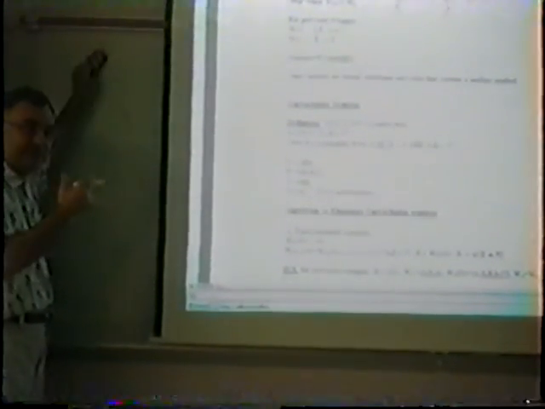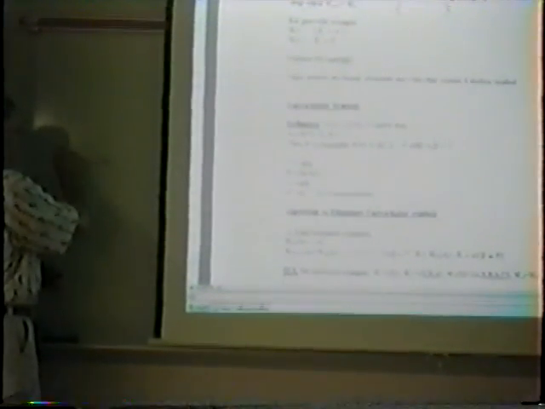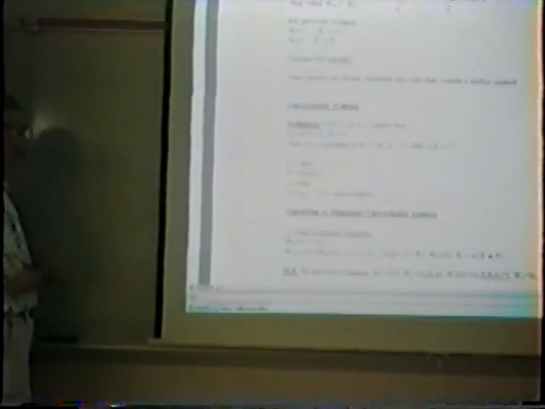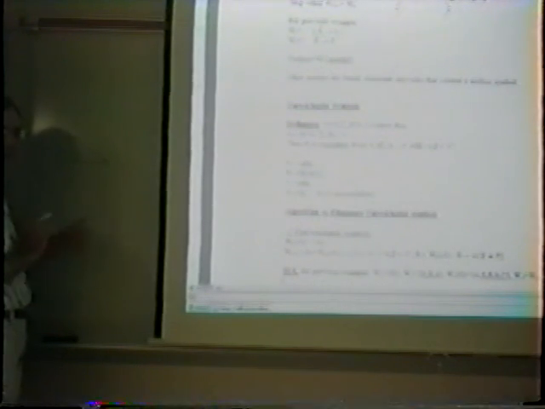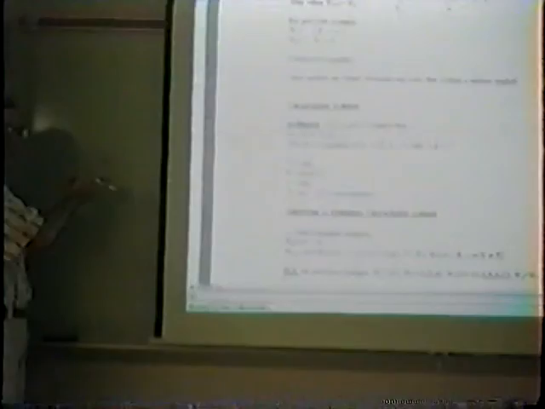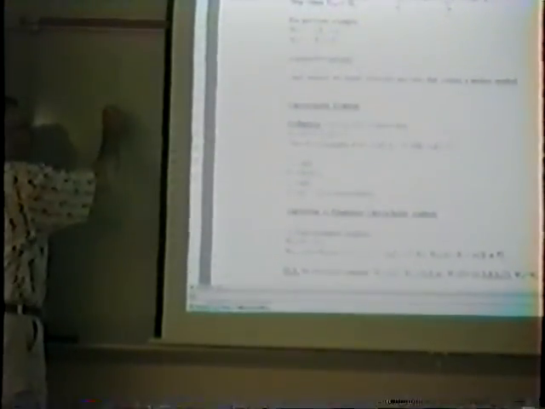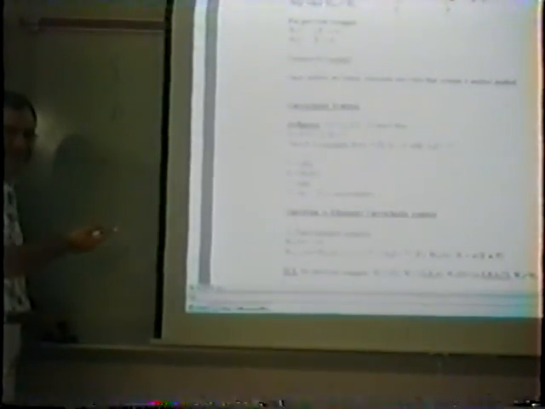Suppose I have a symbol that is unreachable, and I have a rule that contains it. Do I need this rule? No. Are you ever going to apply this rule? No, because you will never be able to. Starting with S, you will never get D, so why do you need this?